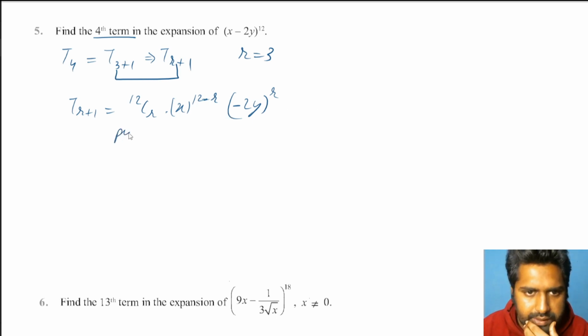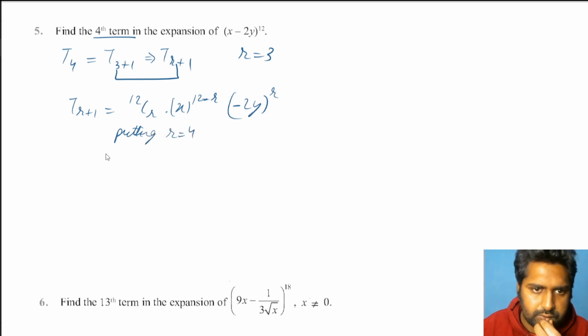So putting r as 3 to get T4. If you put r as 3, then 3 plus 1 becomes 4. So T4 is 12C3, x raised to power 12 minus 3, which is 9, and minus 2y raised to power 3.